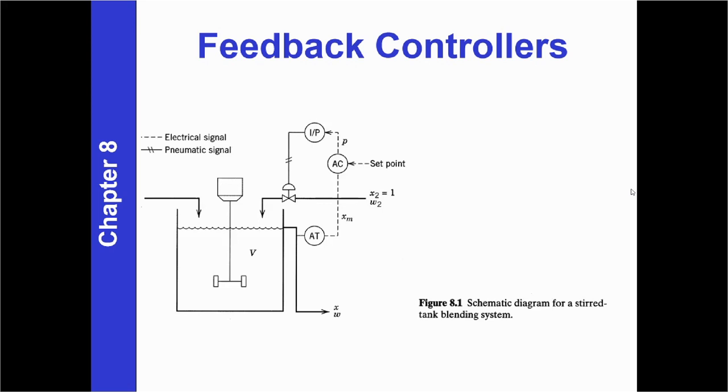X and W give feedback to AC, which is where the set point is set, and that will go to the valve which controls the amount of X2 and W2 coming into the tank. This is a simple feedback controller.